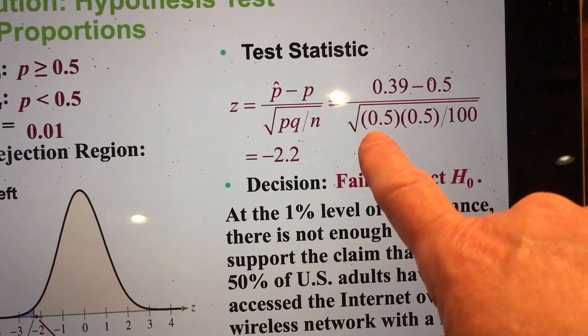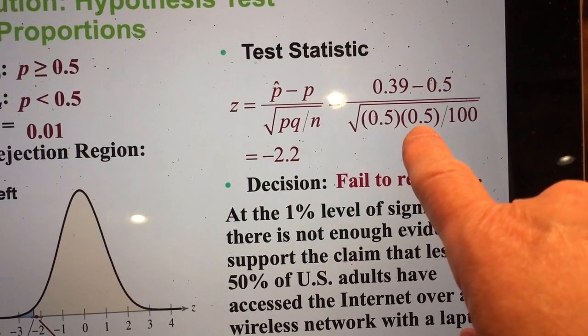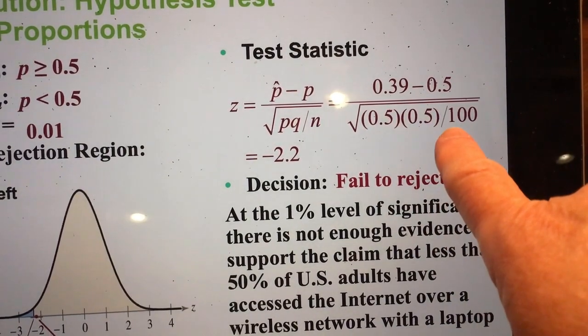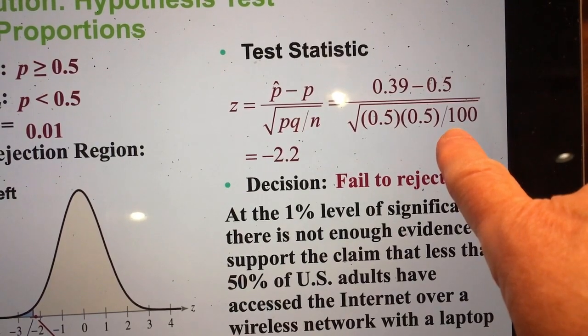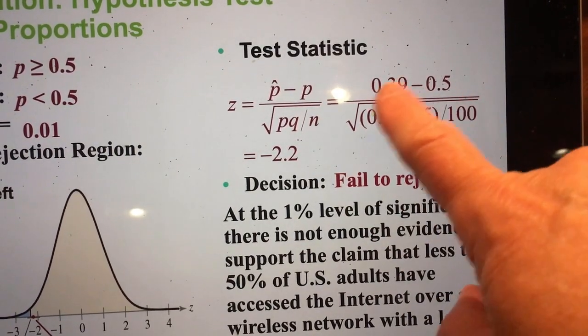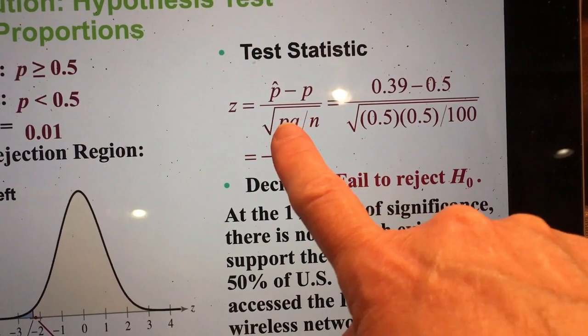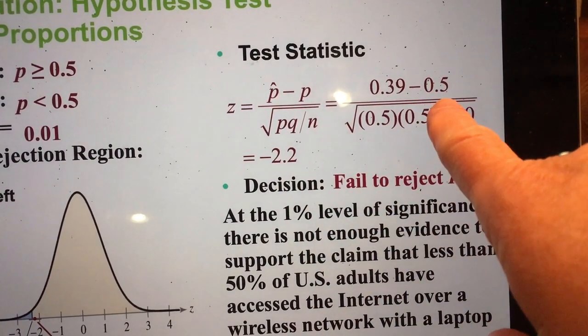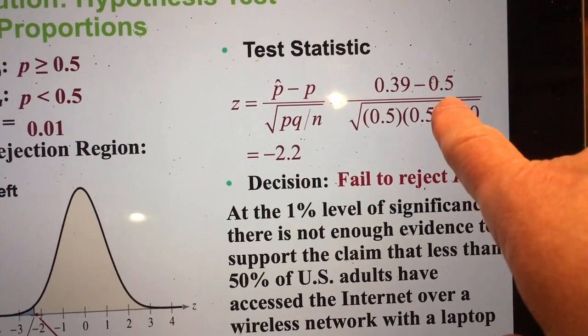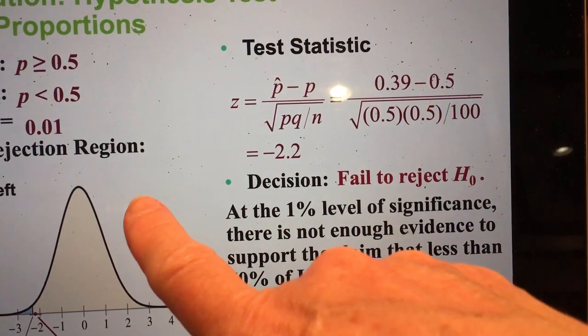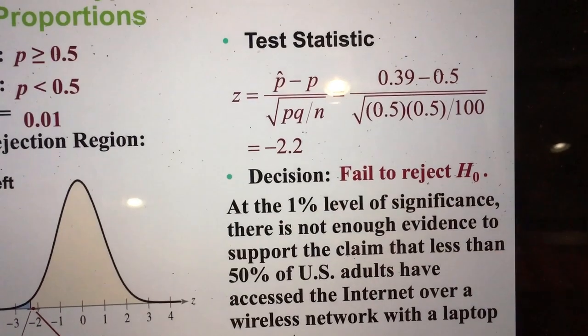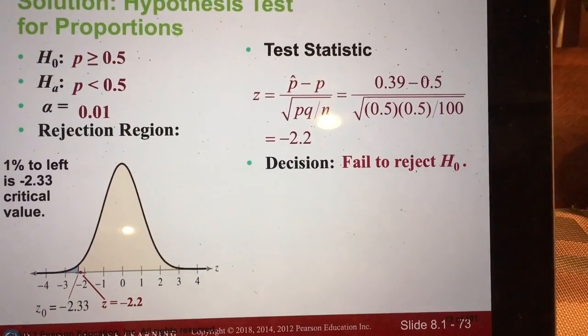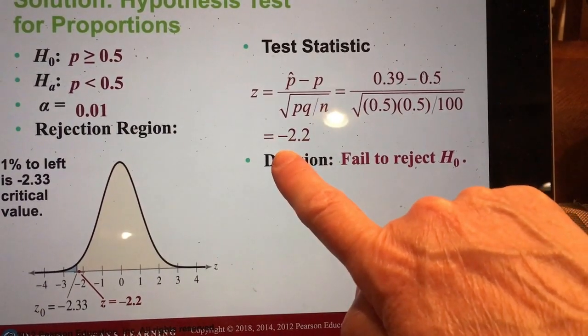So I'm going to have 0.5, 0.5, divided by 100, the square root of that. The 0.39 was the p hat, the sample proportion, and the 0.5 is the true proportion that I'm going to use. When I do all of that math, I get a negative 2.2.